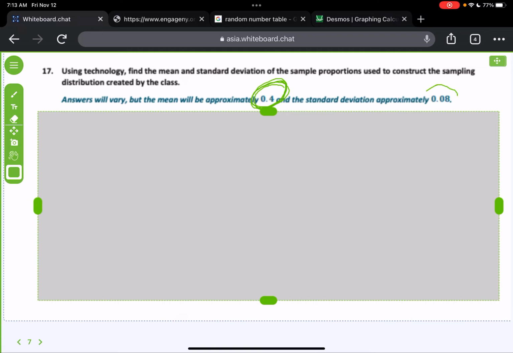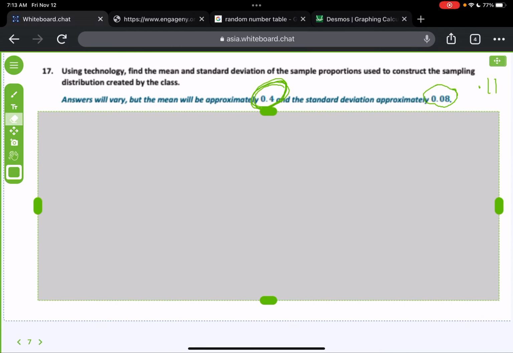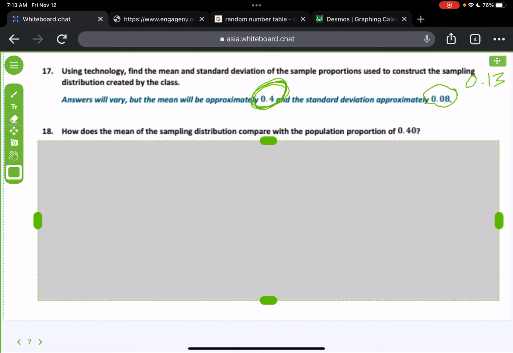The standard deviation last time was 0.13, almost. Now it's 0.08, which means it's not as varied. The closer to 0 you get, the less variability, and that's what we want, because that means we're getting more accurate.